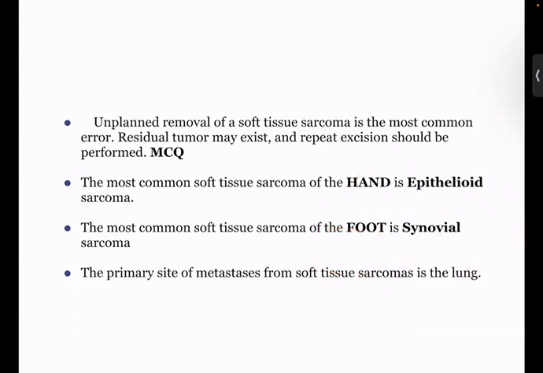The primary site of metastasis from soft tissue sarcomas is lung. The primary site of bony sarcomas is lung. So if the question comes, what is the primary site of metastasis for sarcomas? It's lung. The most common site of soft tissue sarcoma metastasis is lung. Most common for bony sarcomas is lung.